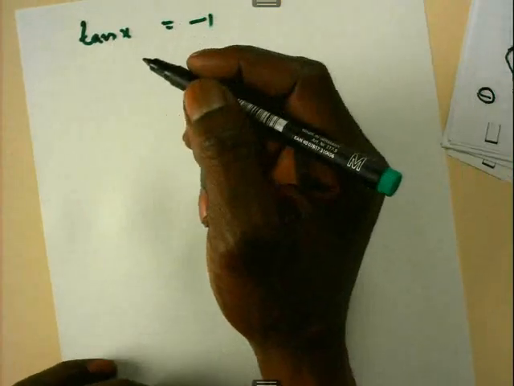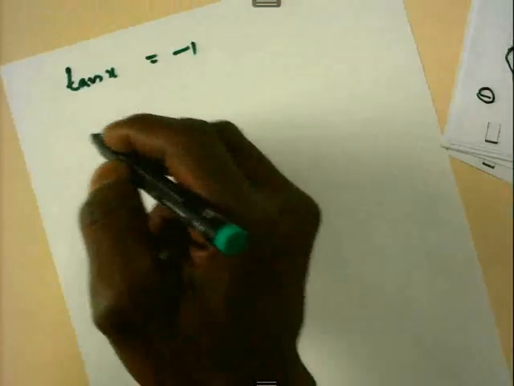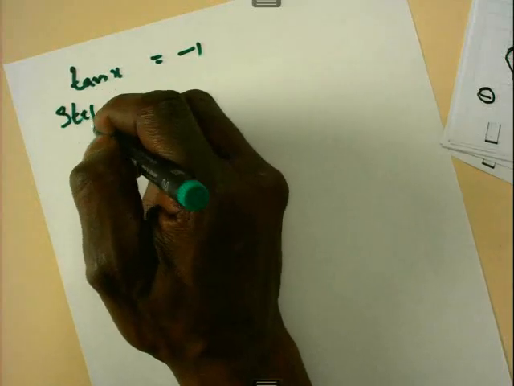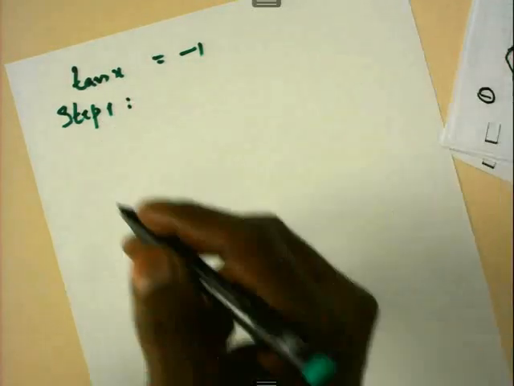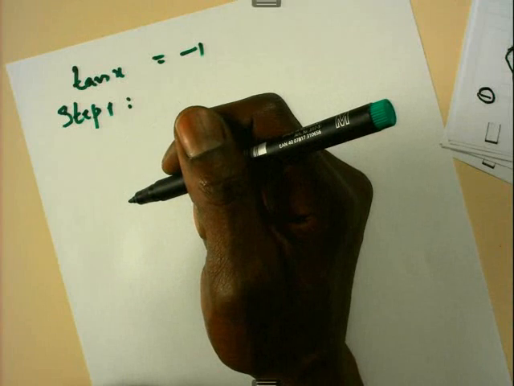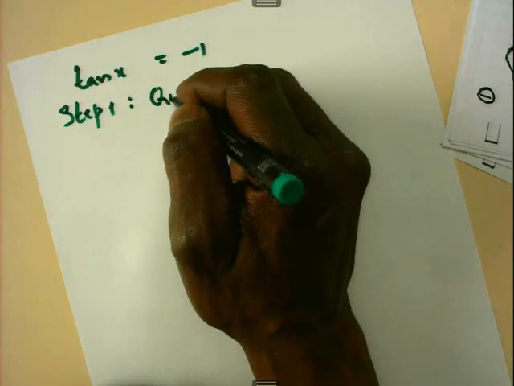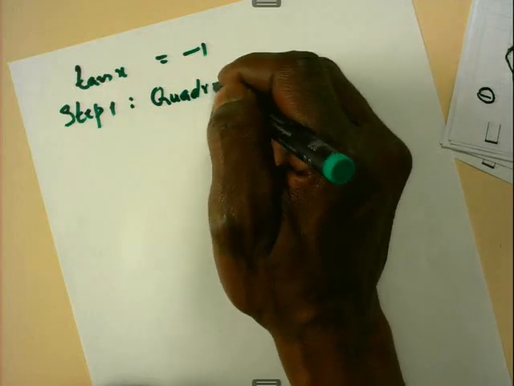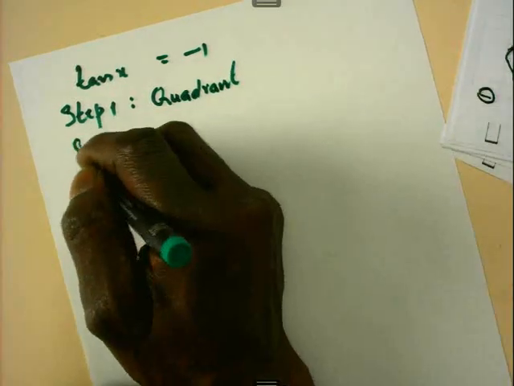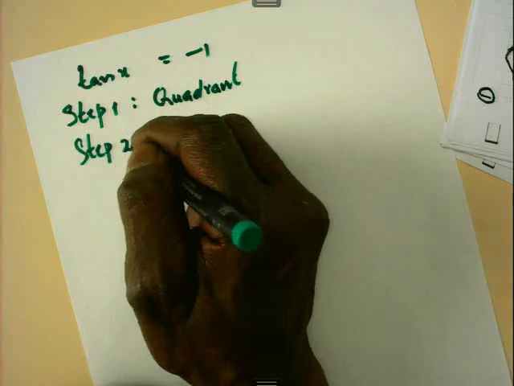We just follow the steps that we have been following all along. We said step 1. Step 1, you can remind me about step 1? Yes, identify the quadrant. And you should be familiar with the steps now. Right, let's identify the quadrant.